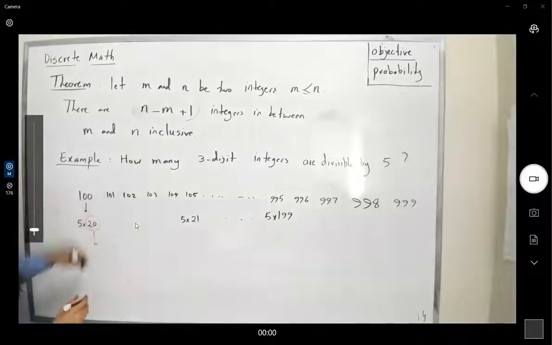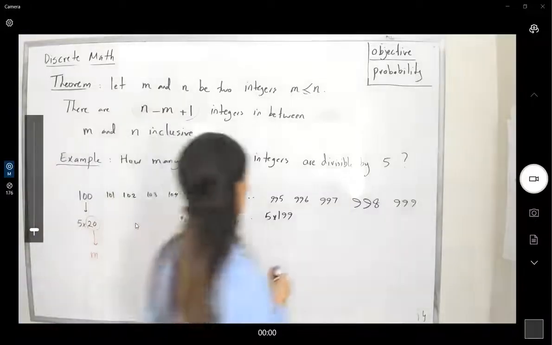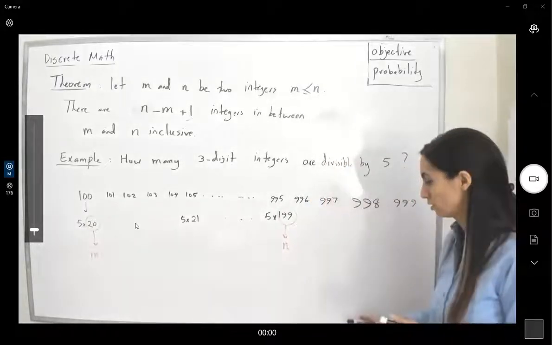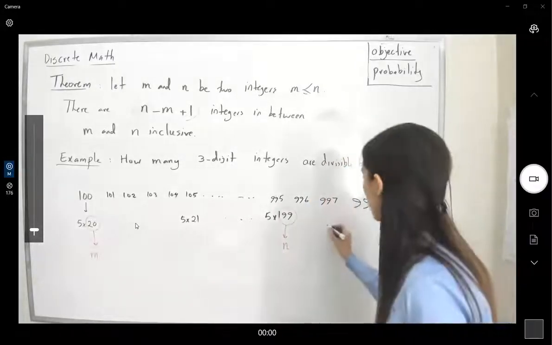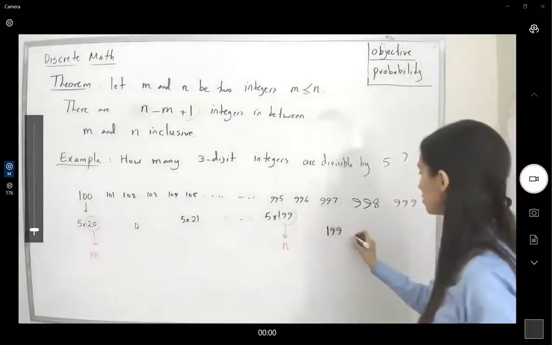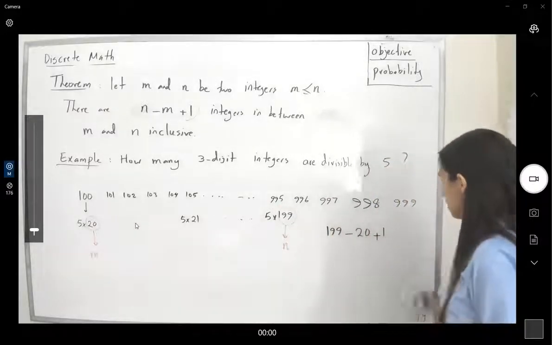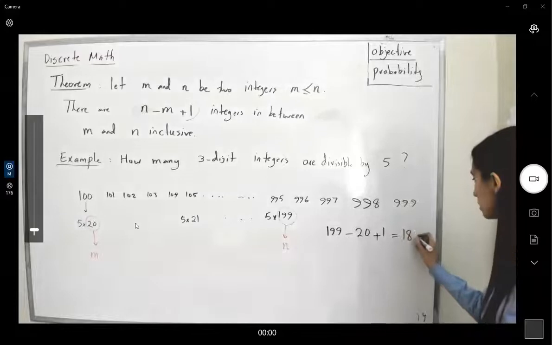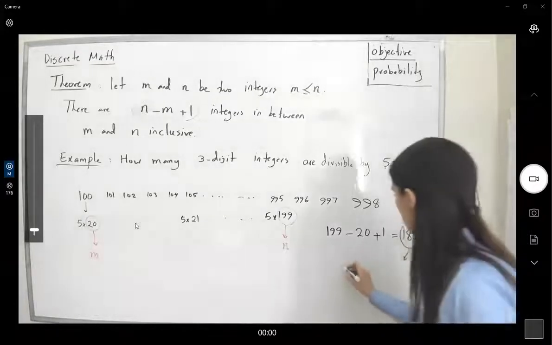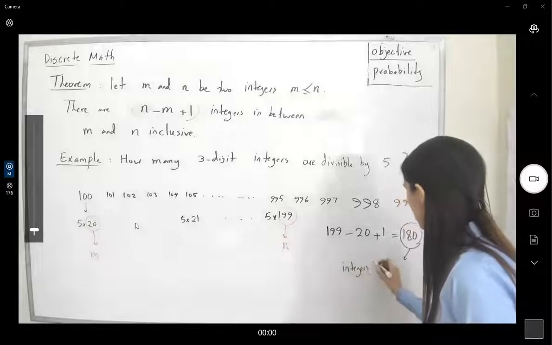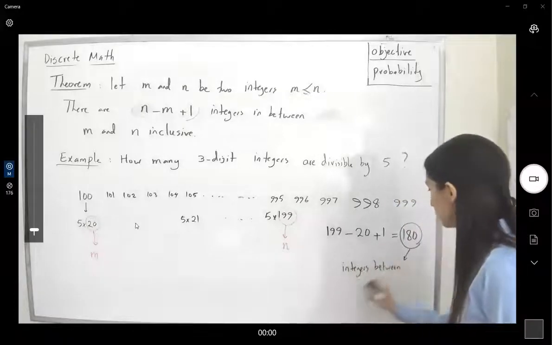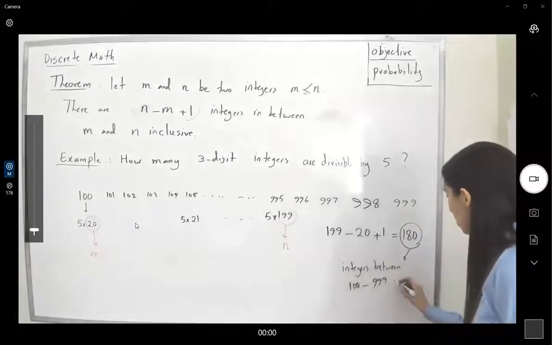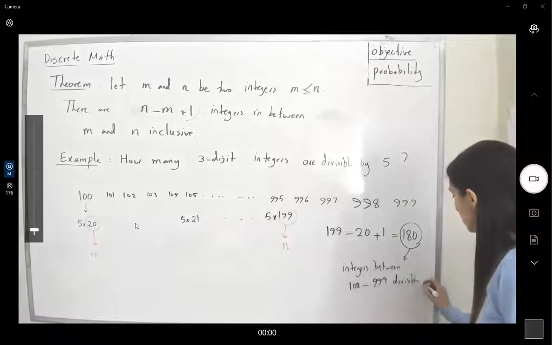So this is going to be your M. 199 is going to be your N. So using the theorem, we have 199 minus 20 plus 1, which gives you 180. Between 100 to 999, divisible by 5.